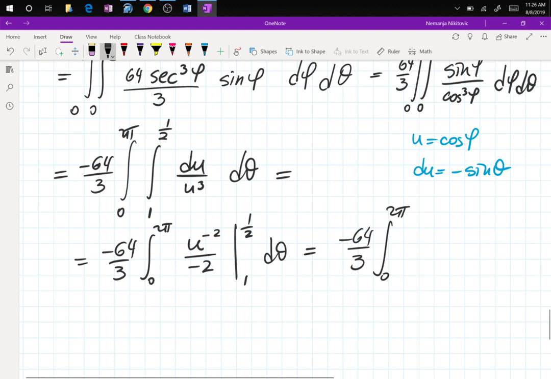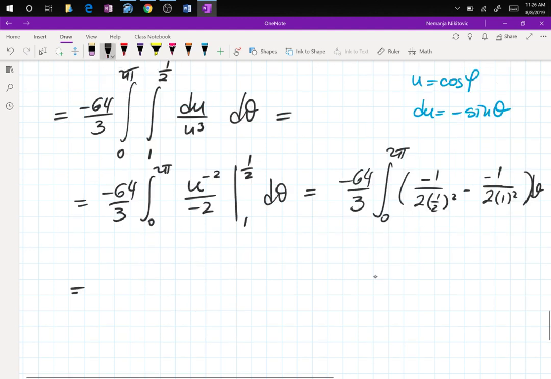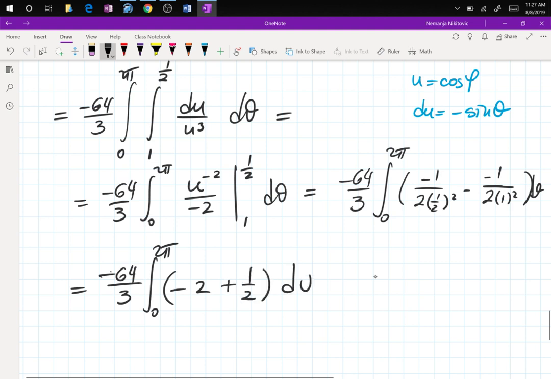This over here is negative 1 divided by 2u squared. That's what it is. Negative 64 over 3, 0 to 2 pi. And now this mess. What do I have? I have a quarter, that's a half, that's a negative 2. And then the other one is plus a half. d theta.